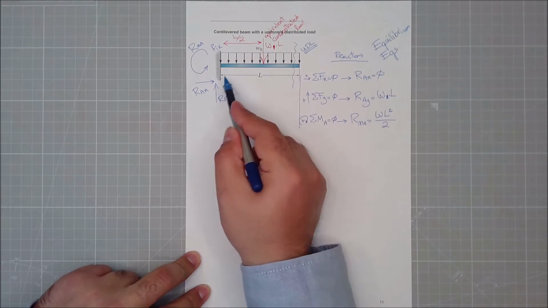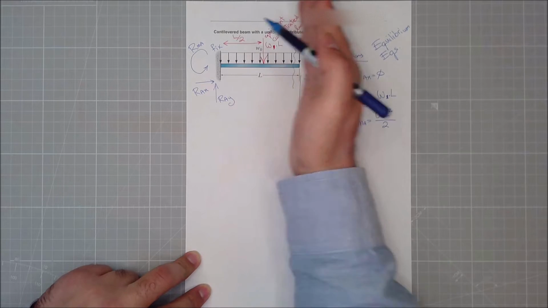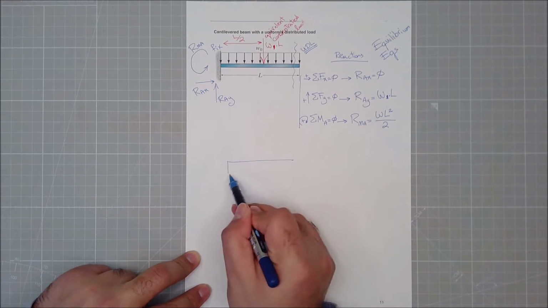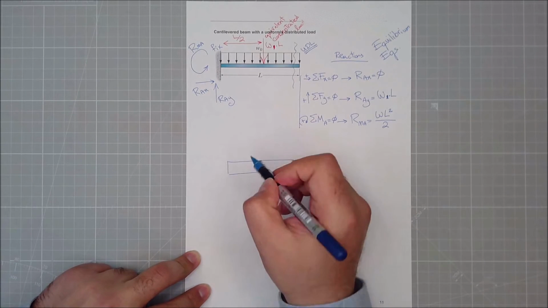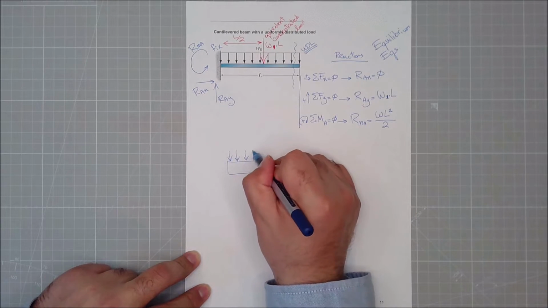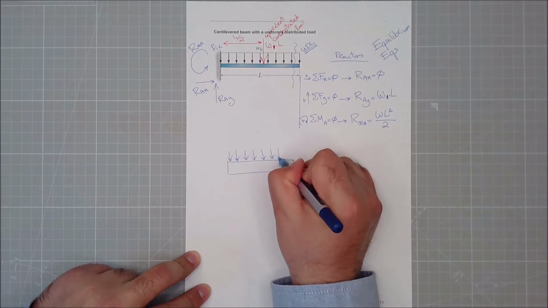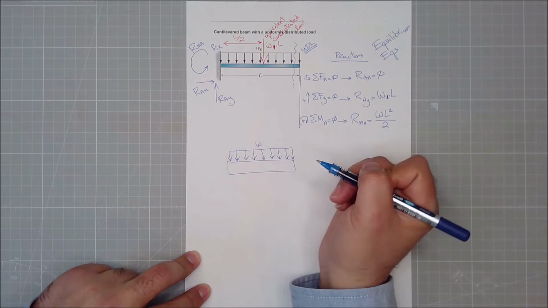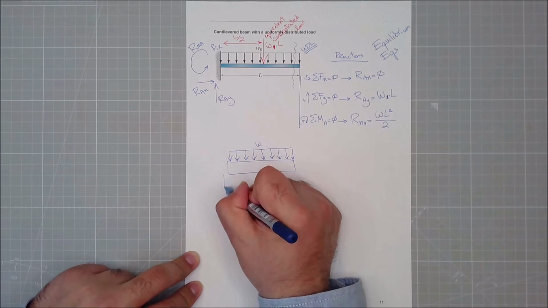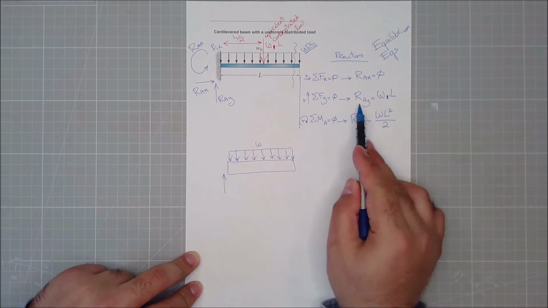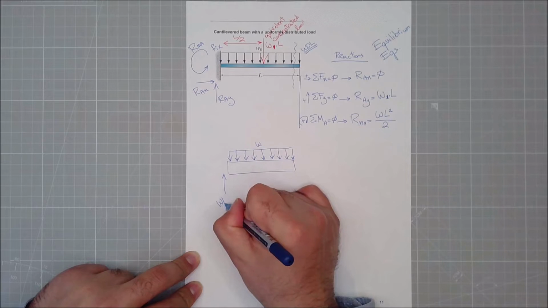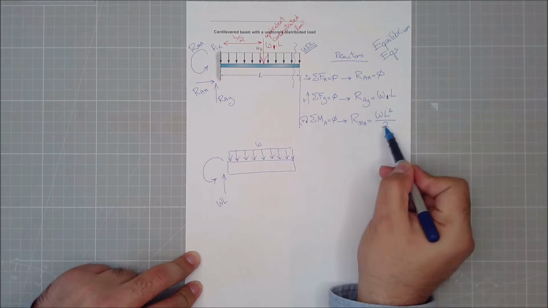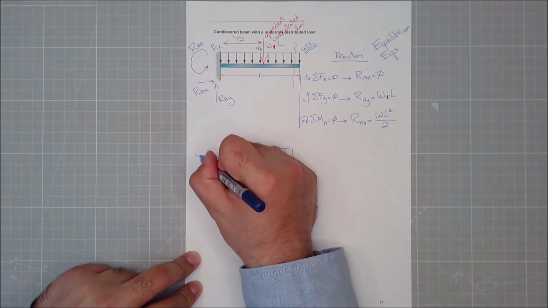I take this segment out, so I forget about the right side. So I take the whole thing out. I will have the distributed load. This is my distributed load. Let's call it W. I have a WL here, which will be RAY. And I will have a moment here, which will be WL squared divided by 2.